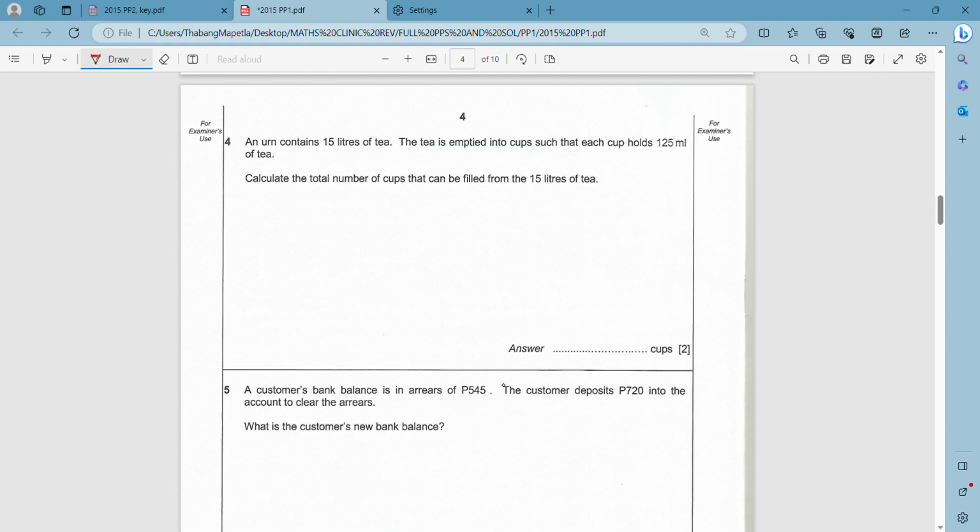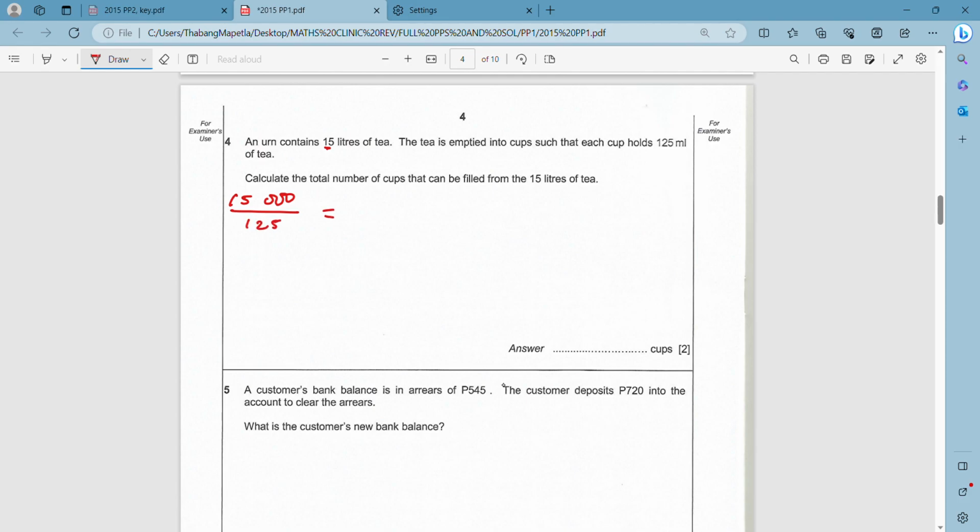Okay, so we are simply going to say that with 15 liters, we either convert 15 liters or we convert 125 milliliters to liters, because we have to deal with uniform units. So we can convert the 15 liters. Remember that 1 liter is equal to 1000 milliliters. So it's going to be 15,000 divided by 125.